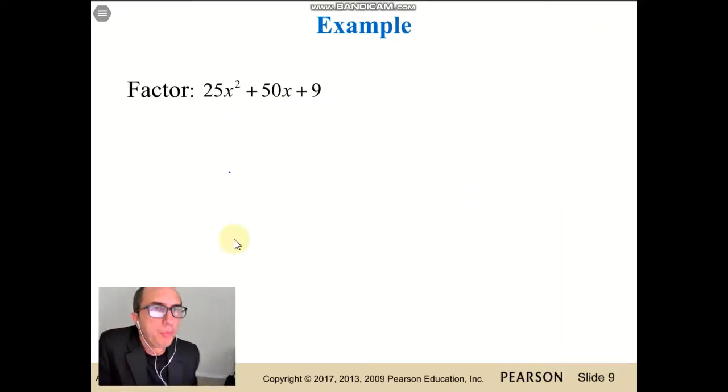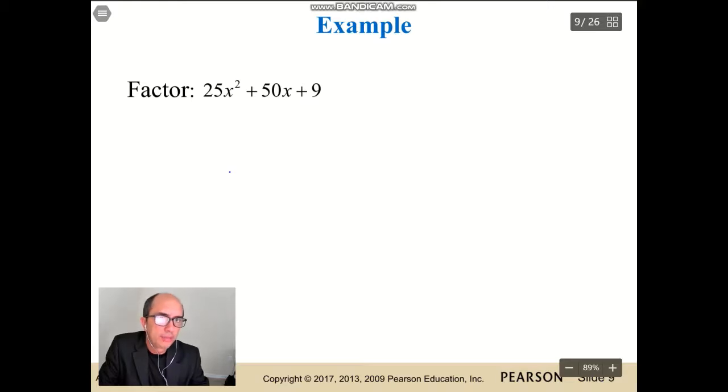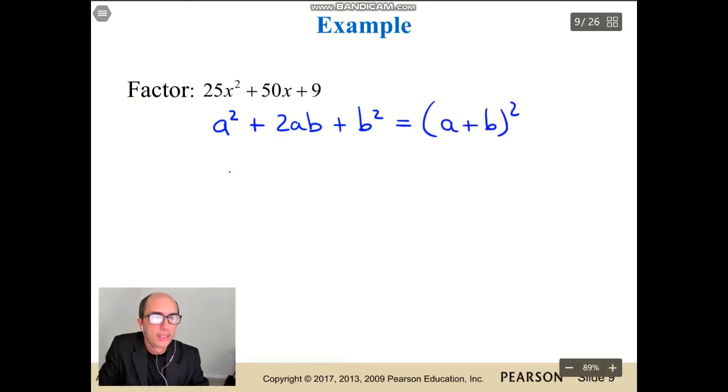In the next example, factor 25x squared plus 50x plus 9. So we have to identify and make it a squared plus 2ab plus b squared to be able to factor it as a plus b squared, right?